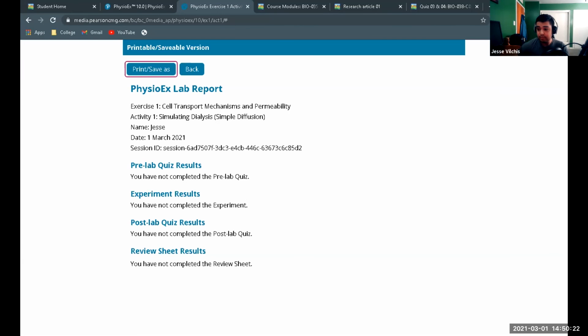You can upload that straight to your Canvas shell on the lab whenever we do physio or anything. It's gonna have your name on it and your session ID. The session ID is exclusive to you guys, so do not try to find another lab report or take a lab report from somebody else.